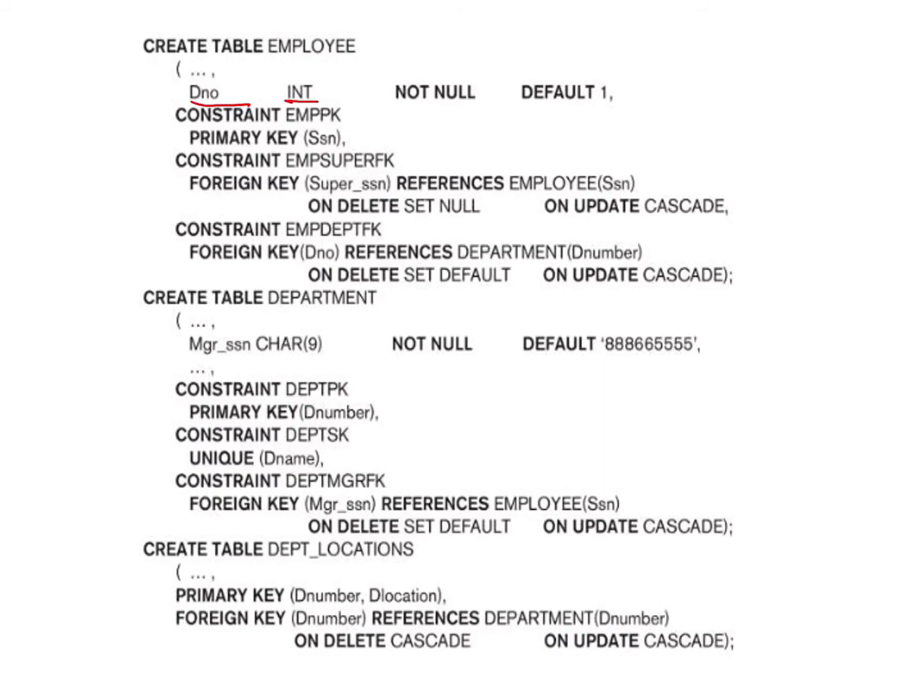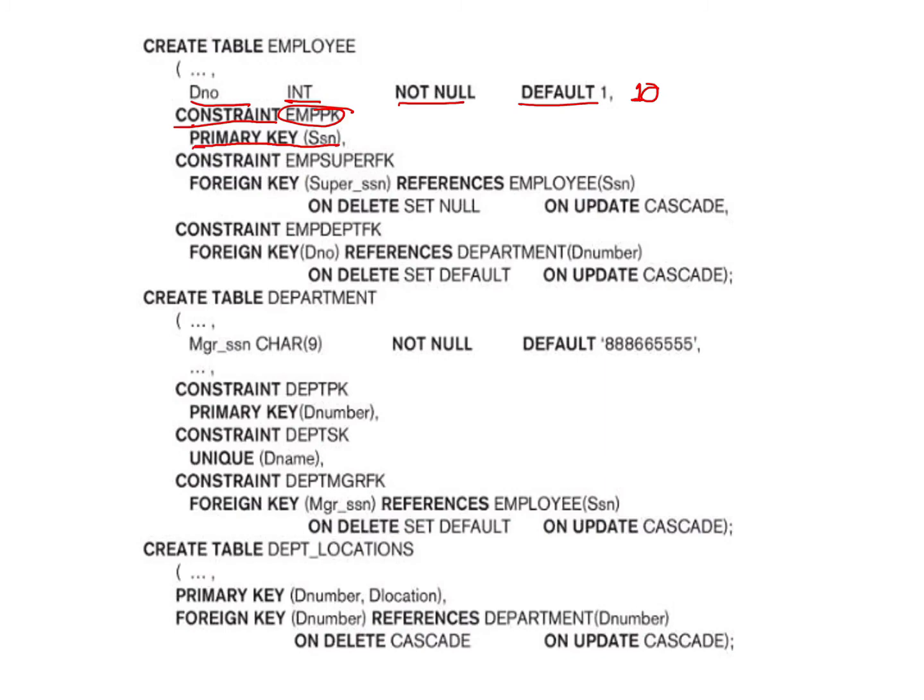So d number, integer, not null, and I have some default value. I can mention it. Maybe d number is 1, or d number is 10. Automatically d number gets some default value. Okay, then I can give some constraint name also. So I can say constraint emppk, employee primary key, and then I mention which one is my primary key.